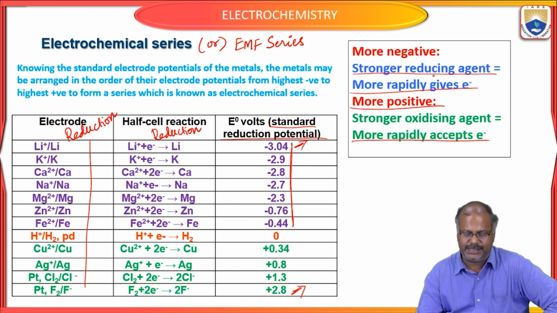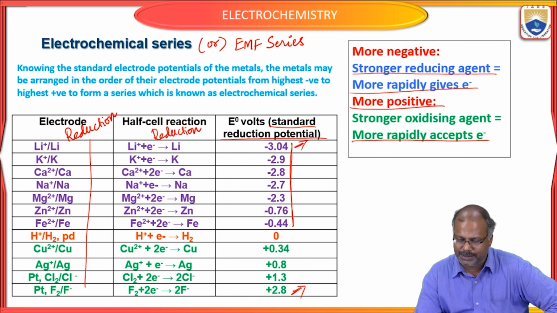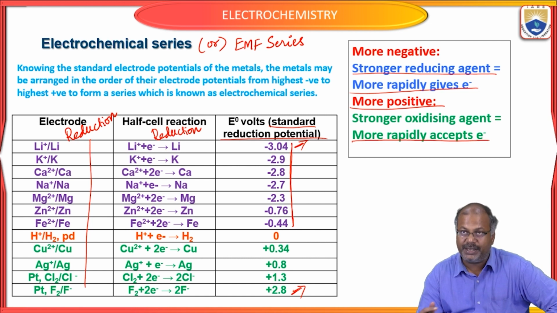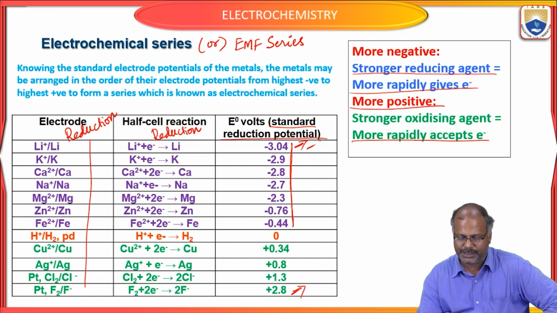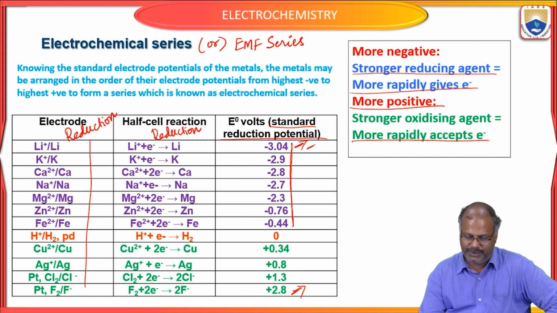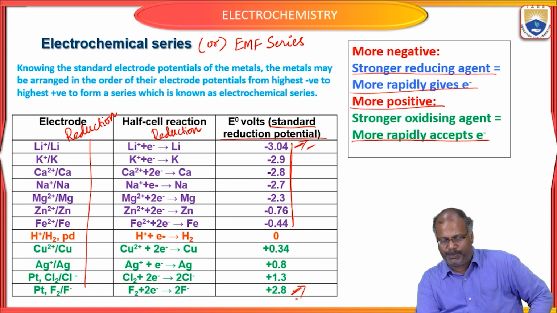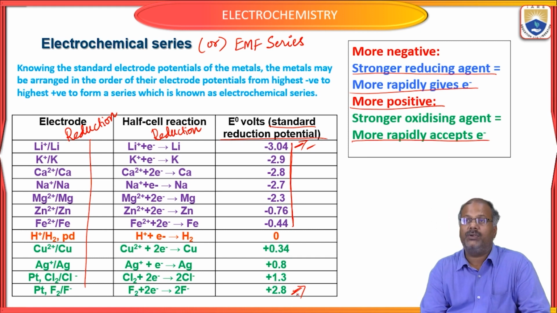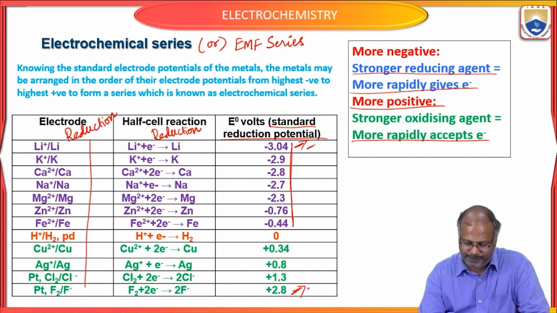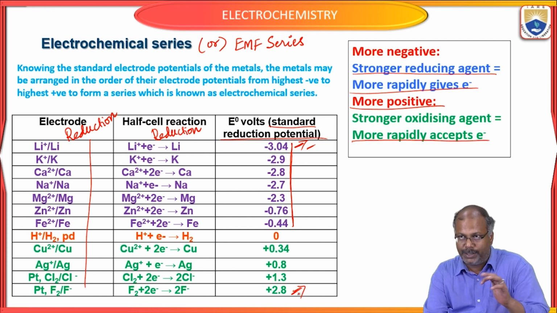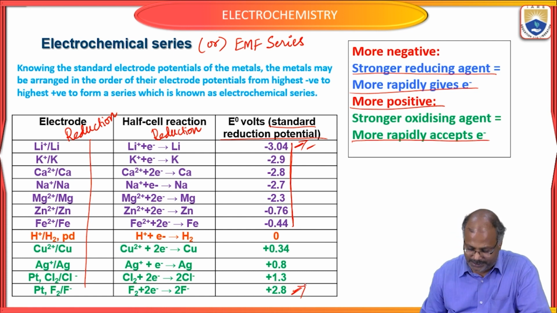It oxidizes itself to reduce the other species, so it rapidly gives electrons. It is a stronger reducing agent if it has a higher negative reduction potential. Whereas a higher positive potential means a stronger oxidizing agent: it reduces itself to oxidize the other species, so it rapidly accepts electrons.